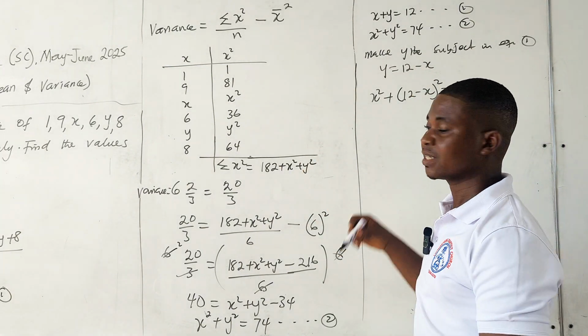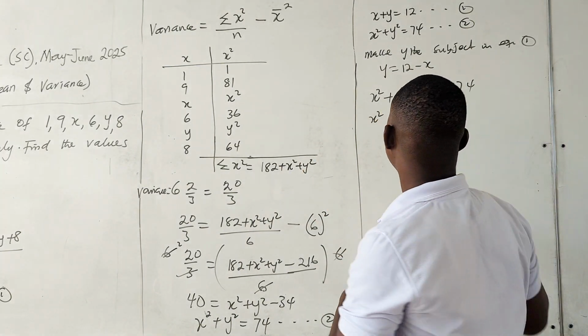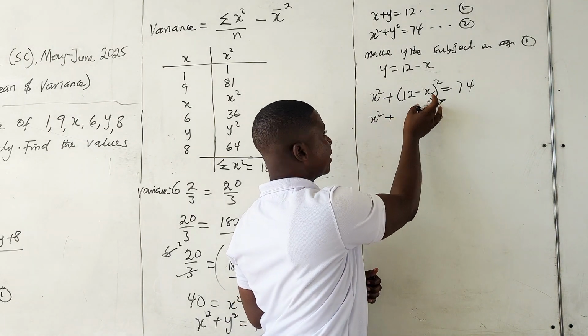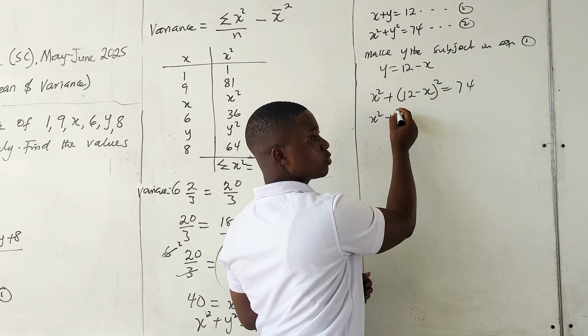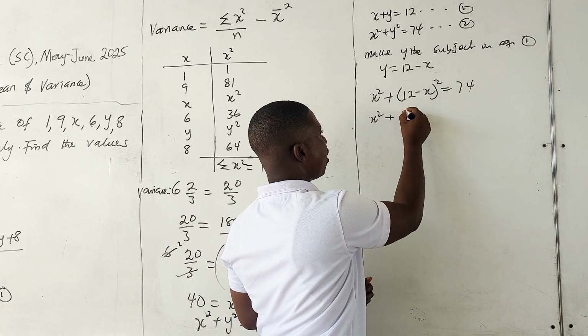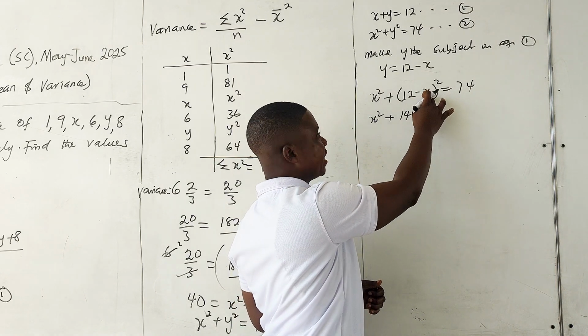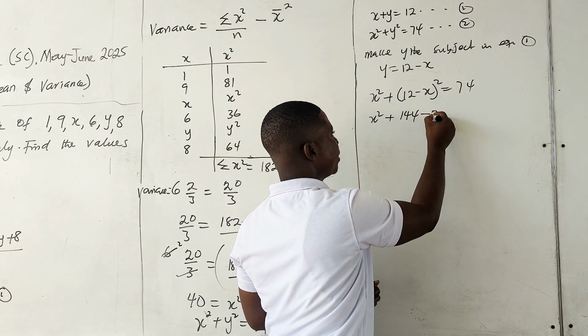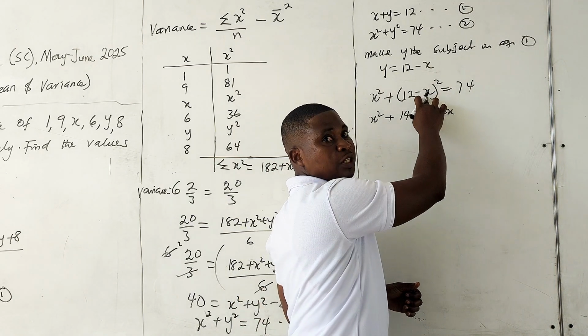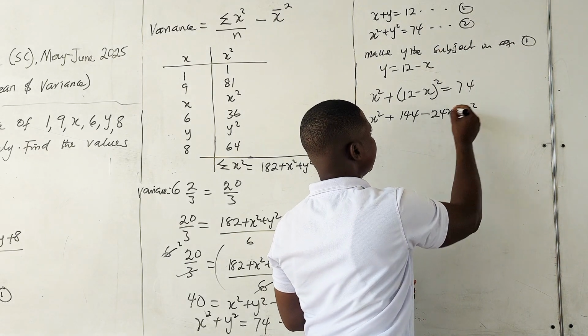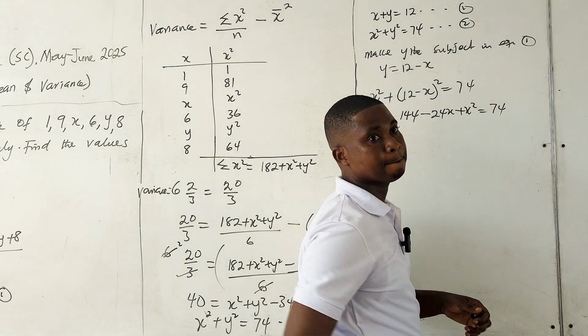So I can expand this. So x squared plus, expanding this one, multiplying itself will give you 144, then minus 12 times 2, minus 24x. Then this one multiplying itself, plus x squared is equal to 74.